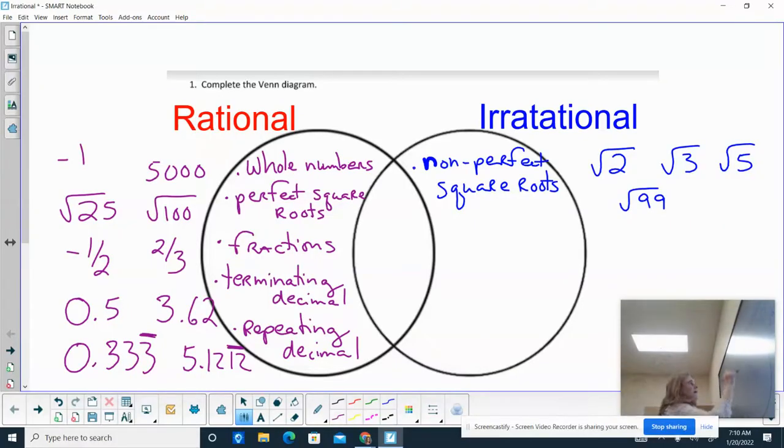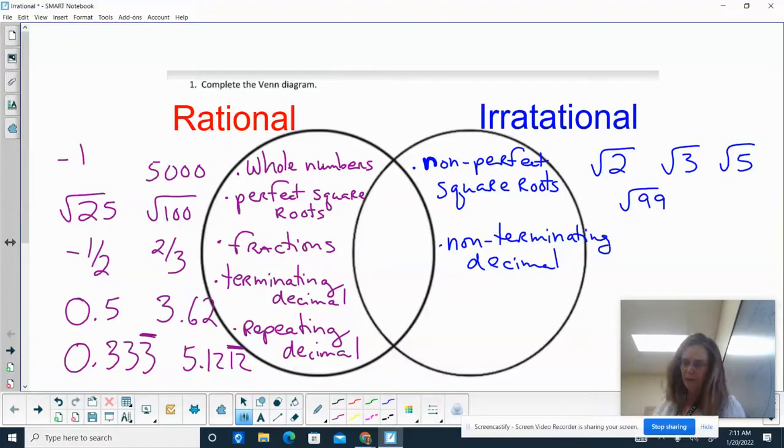And then our other category is a non-terminating decimal. I'll show you what that is. So this is a non-terminating decimal. Now, a non-terminating decimal continues off into infinity.